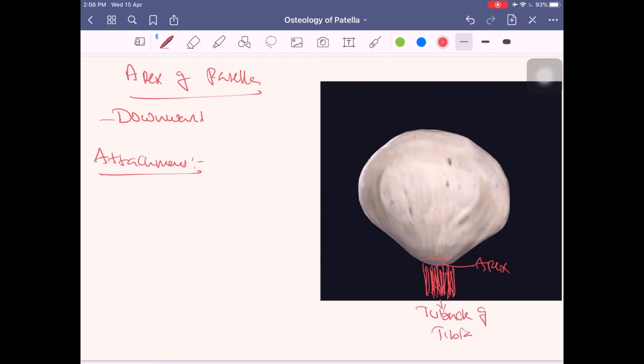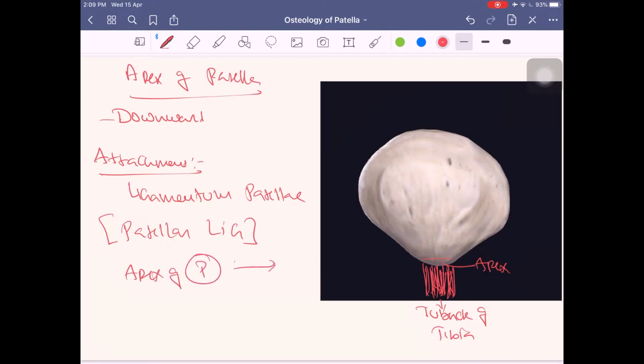I'll show in the picture also. So attachment is, name of the ligament is called Ligamentum Patellae, or simply called as a patellar ligament. Ligamentum Patellae, also known as patellar ligament. What does it extend from? It extends from the apex of patella to the tubercle of tibia.